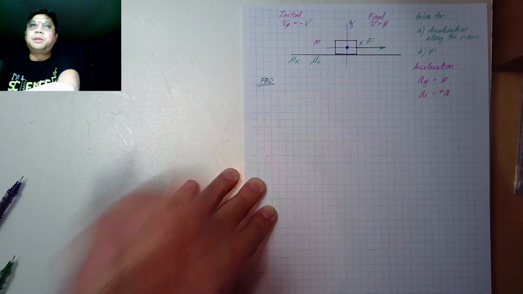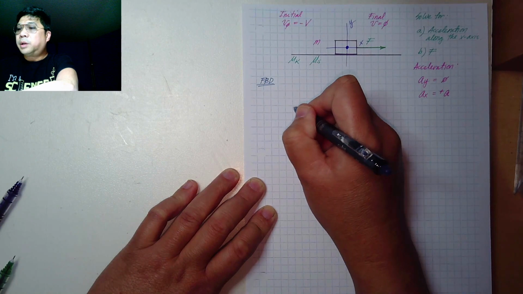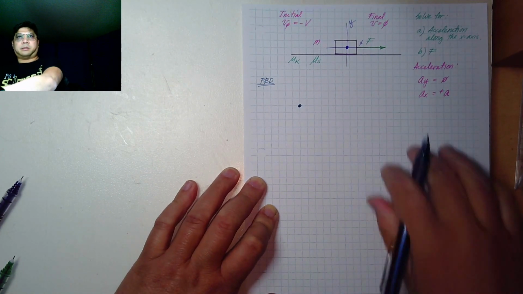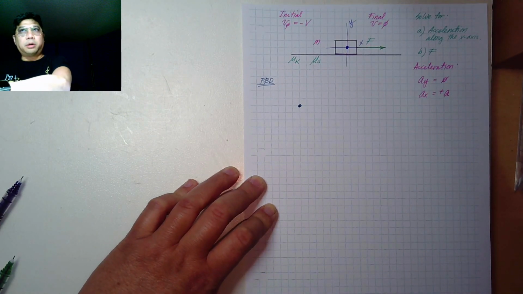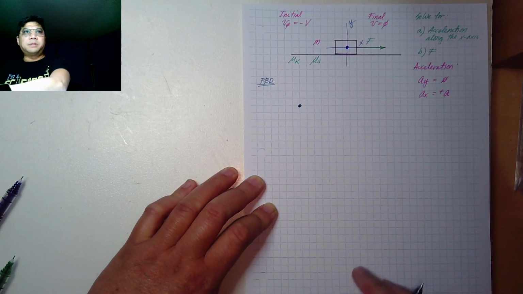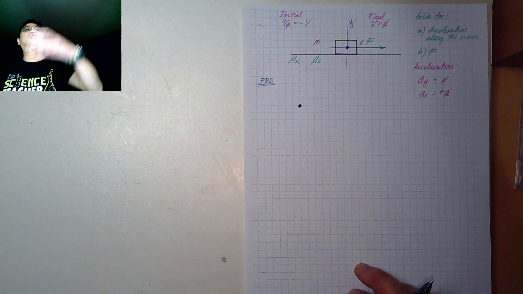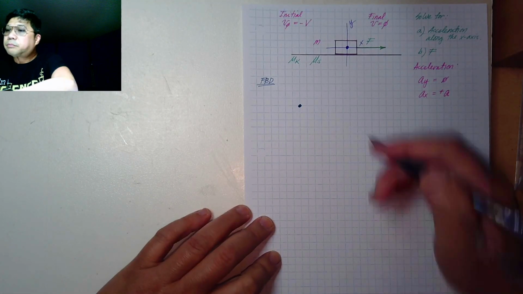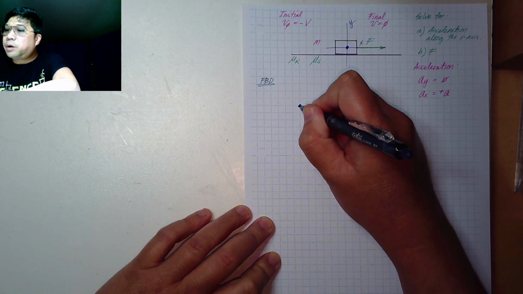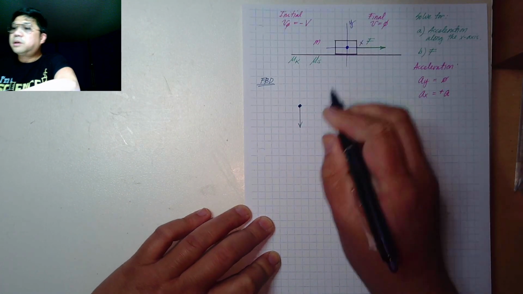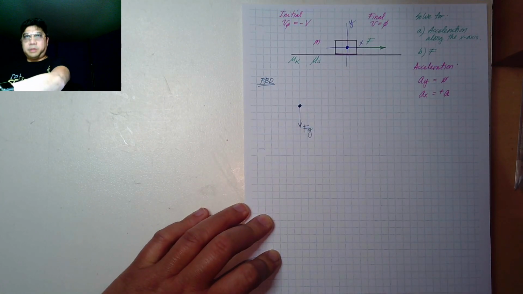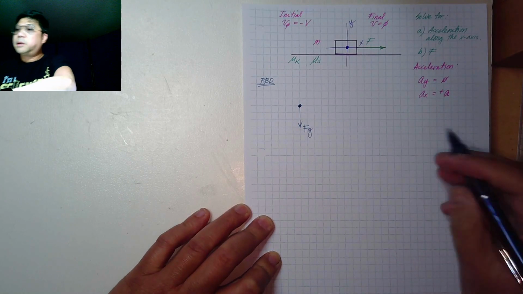So here's our FBD. Again, let's draw the dot. There's no change along the y-axis, so all forces along the y-axis should have the same magnitude. The first force that we all know exists is the force due to gravity, or our weight, which is dependent on the mass.